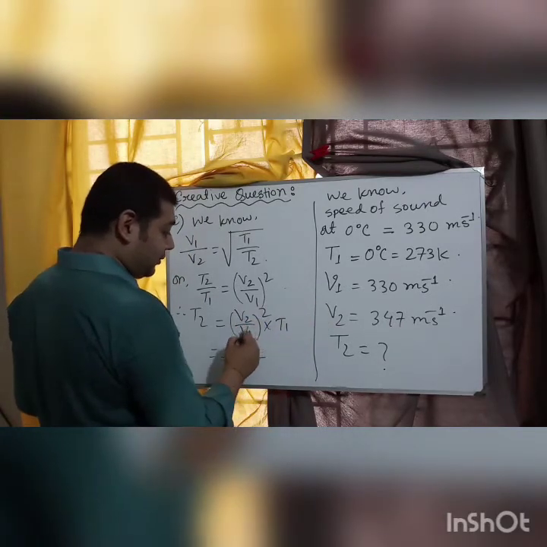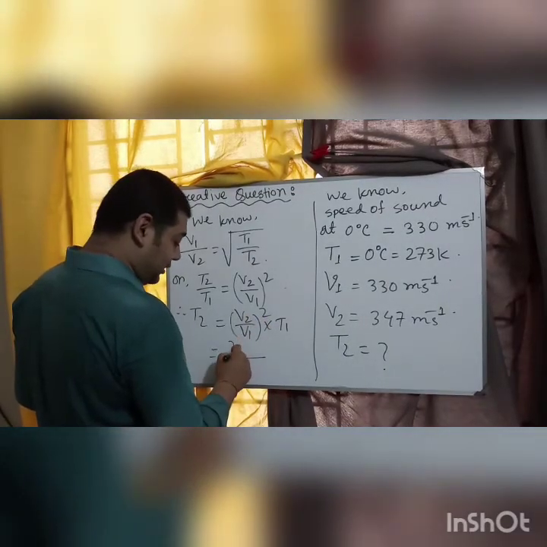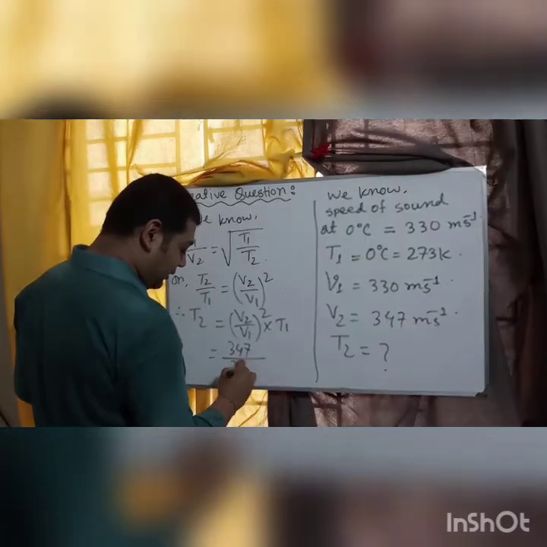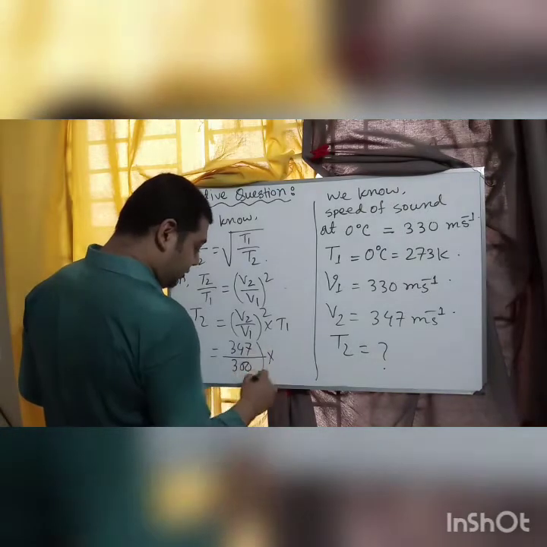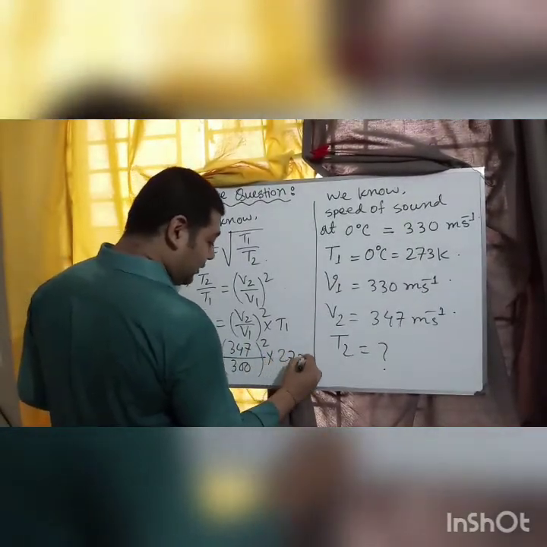Putting the values of velocity and temperature, we can write 347 here, 330 here, whole square, and T1 is 273.